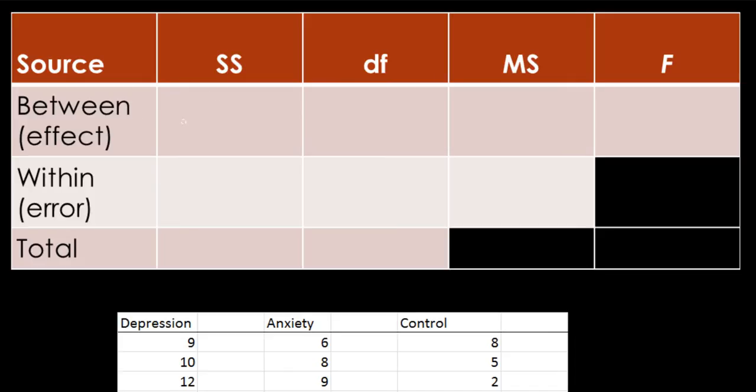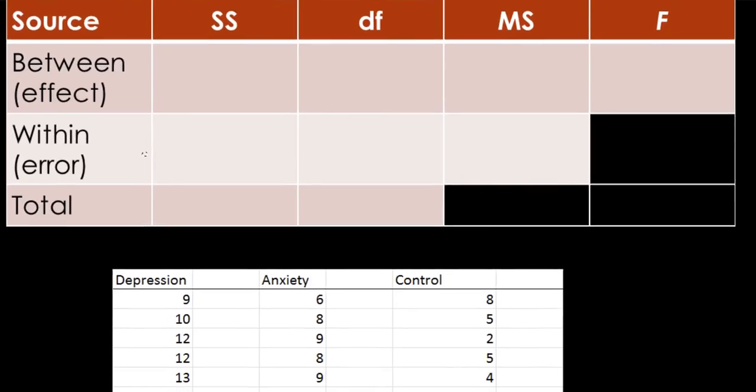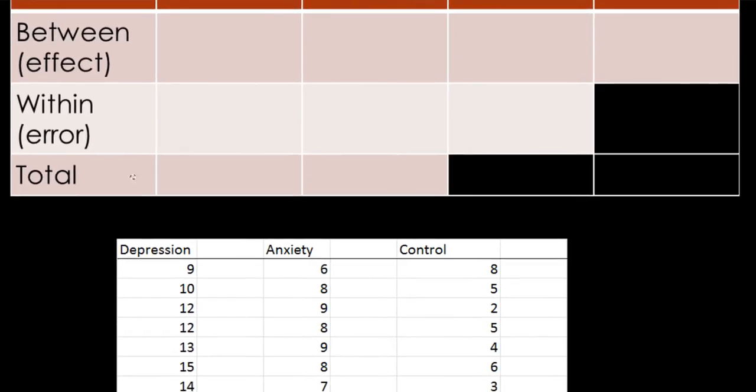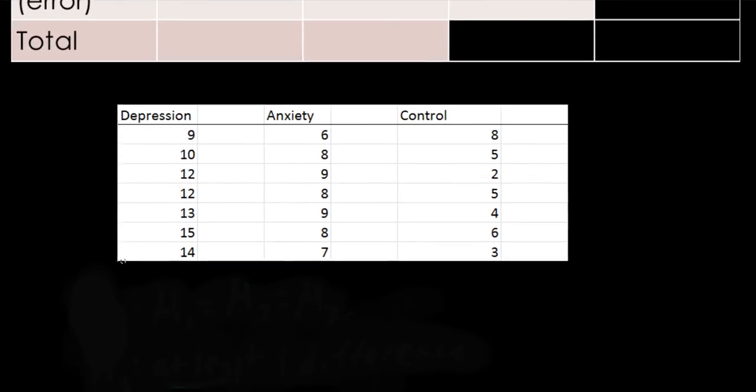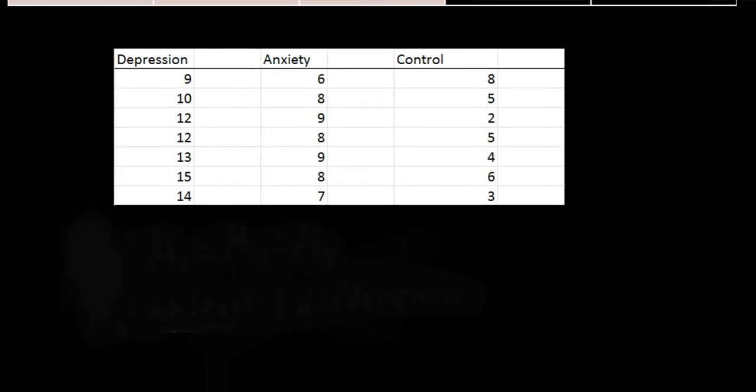Right, so first thing we'll want to compute are the sum of squares for between and within. Now this is where we partition the total sum of squares into the parts that make it up, which are the between and within sum of squares. So we'll use a computational formula for that to save a little bit of time.